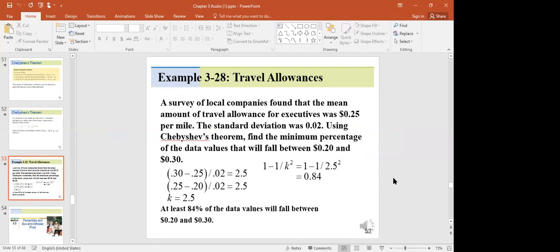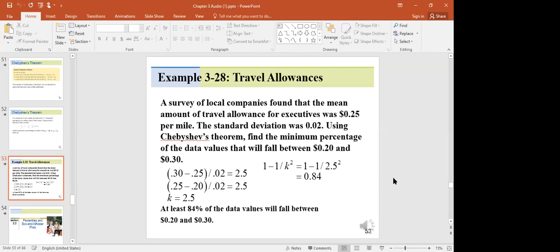So let's look at this example. A survey of local companies found that the mean amount of travel allowance for executives was 0.25 per mile. The standard deviation was 0.02. Using Chebyshev's theorem, find the minimum percentage of the data values that will fall between 0.2 and 0.3.